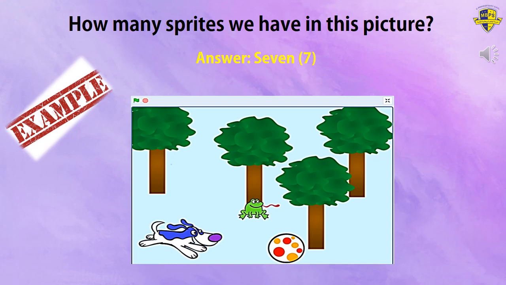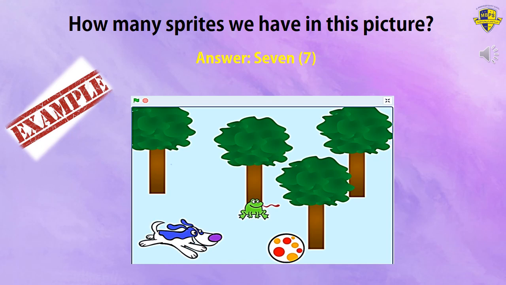Dear students, now this is one example I created for you in Scratch, and the question is how many sprites we have in this picture. So let's count. This example will help you in your worksheet as well. So let's see how many sprites we have. We have 4 trees, right?